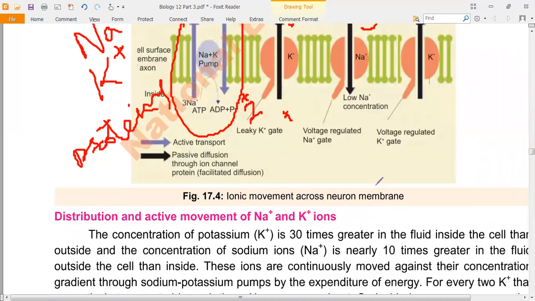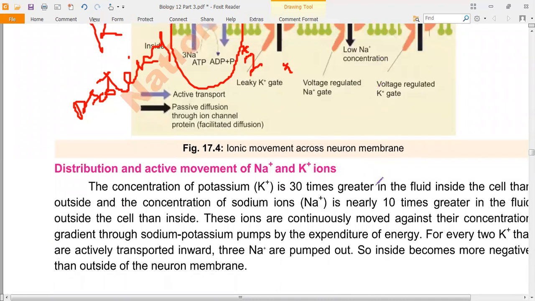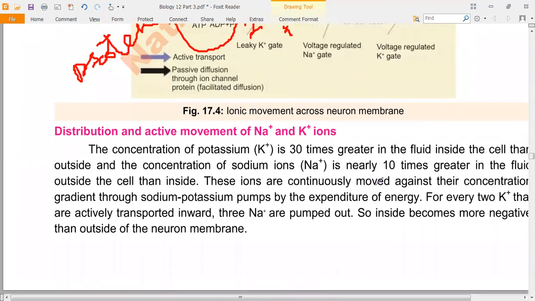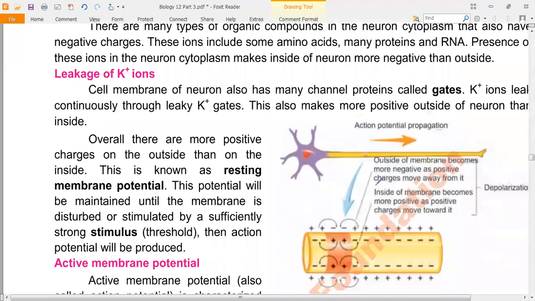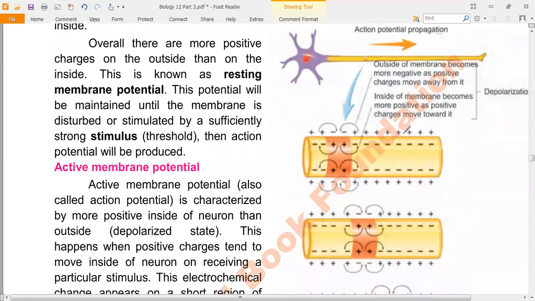So this was the overall resting membrane potential. And here is a very important thing: this is called the polarized state. Polarized state means positive charges are outside, and negative charges are inside the membrane.